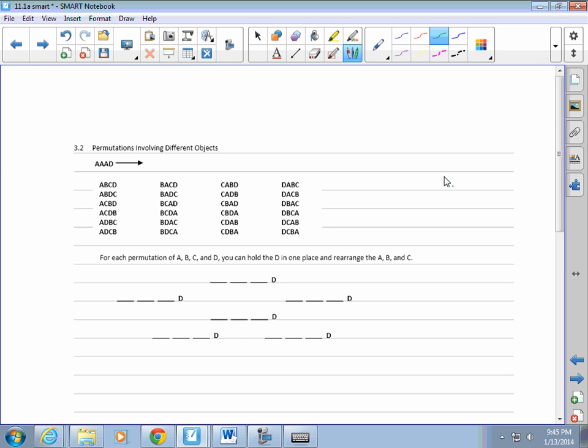Okay, so when I kept the D in the same place, like these couple of spots here where I've got the dots, I had a choice of ABCD, ACBD, BCAD, BACD, CBAD, and CABD.